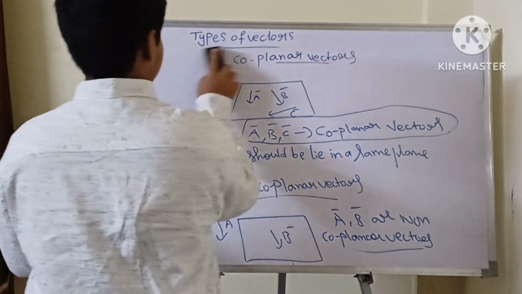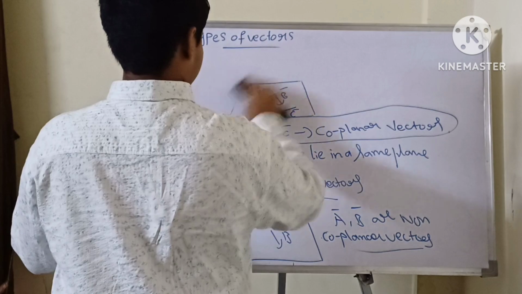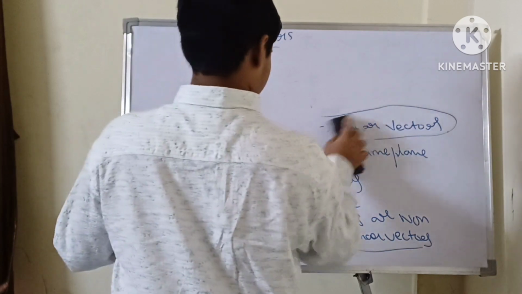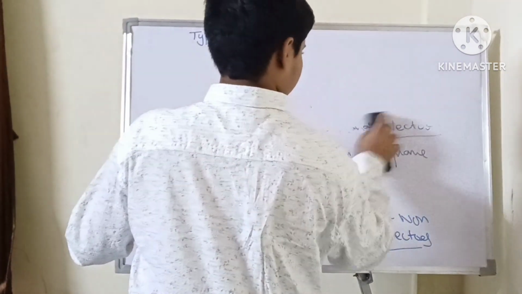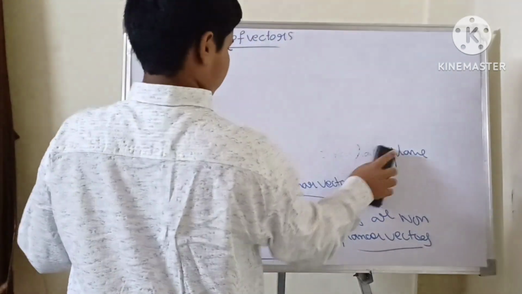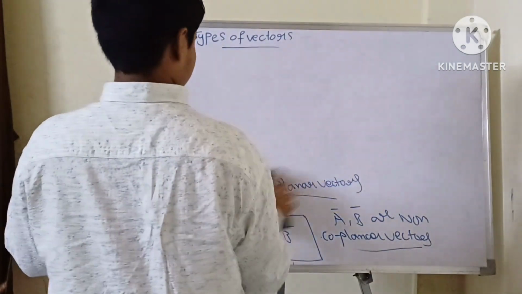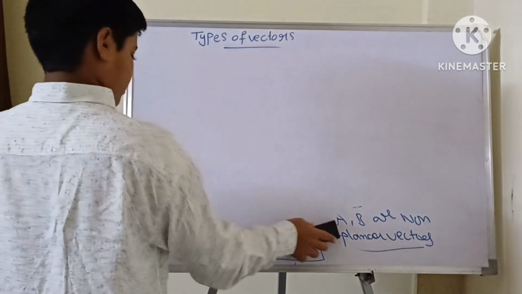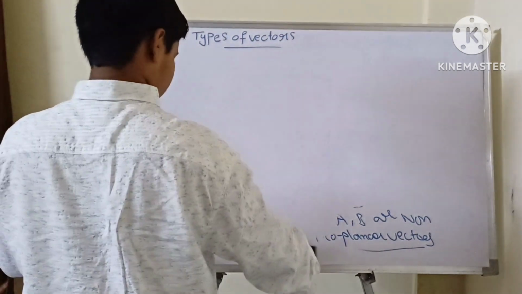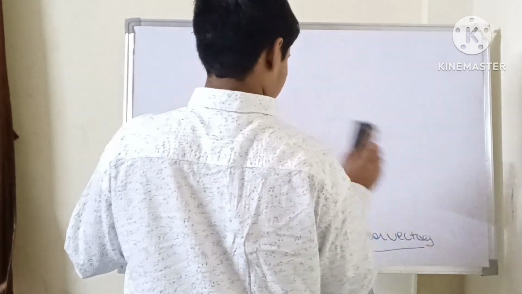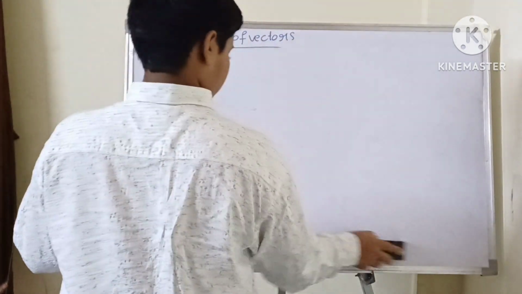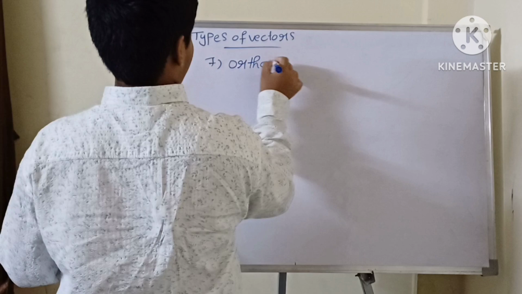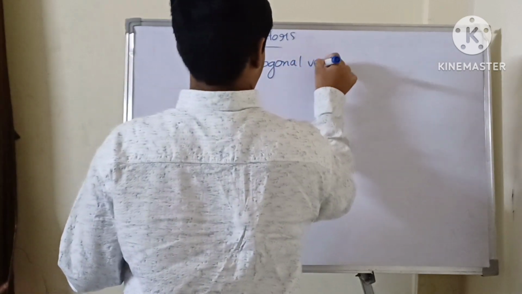And the seventh type of vectors, orthogonal vectors.